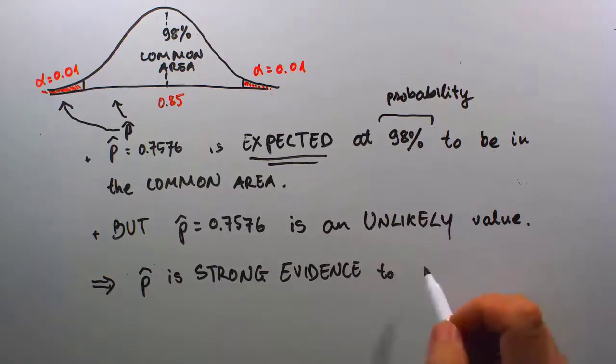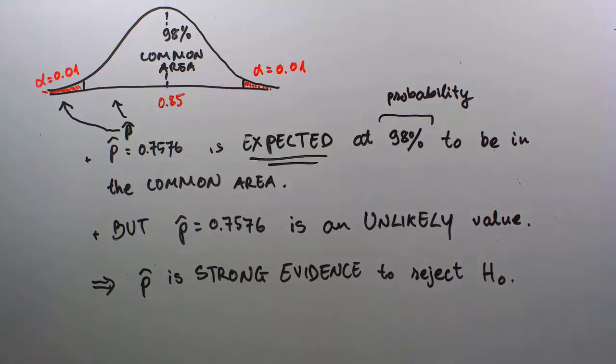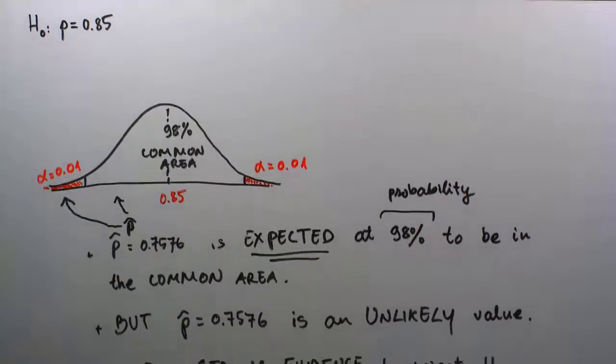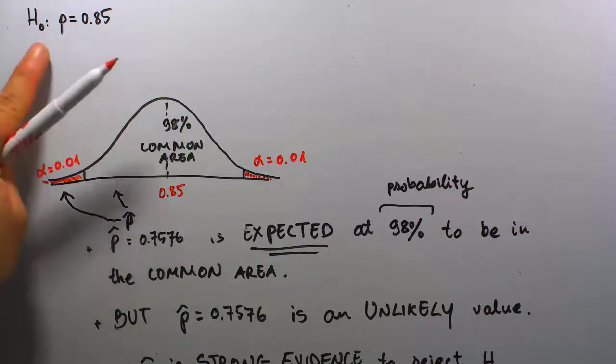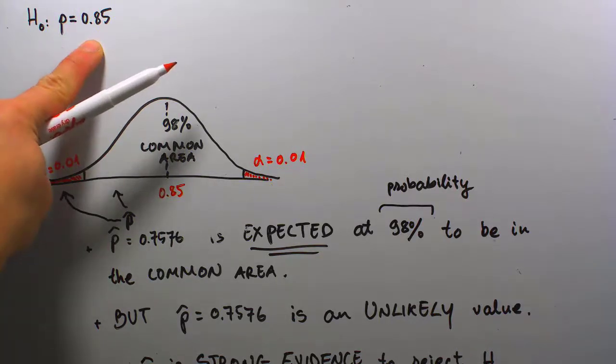Either we can say to reject the null hypothesis. Again, remind yourself, the null hypothesis was saying the proportion of iPhone users is 85% of the world.